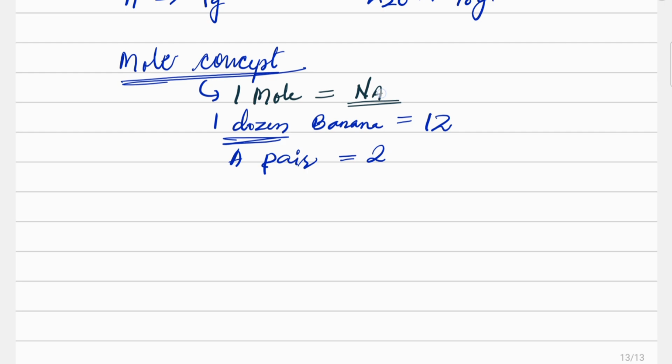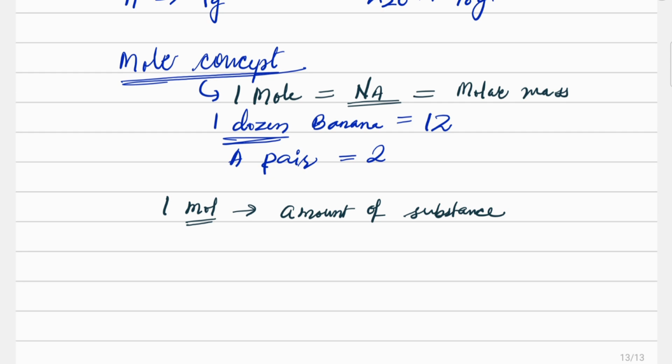First, it is equal to Avogadro's number, and it is also equal to the molar mass of all the compounds we are talking about. So that is 1 mole, and its unit is mole. This is an amount of substance.